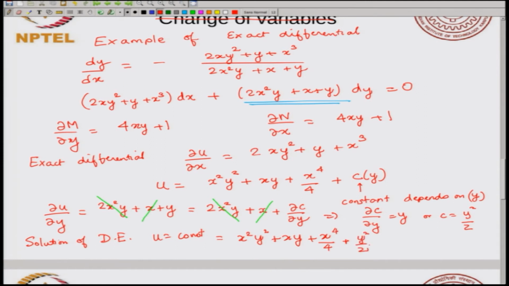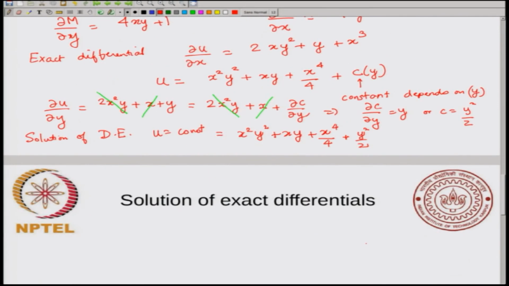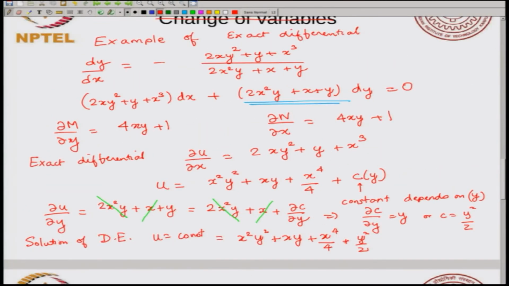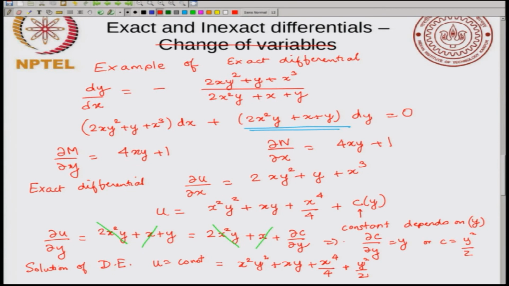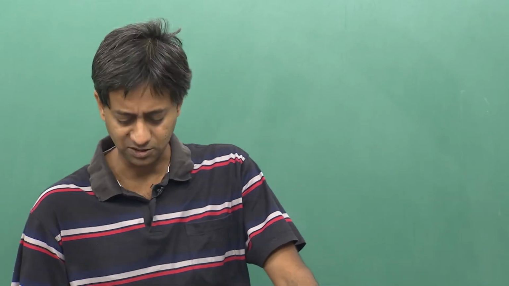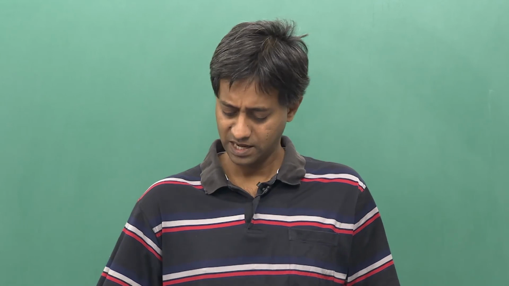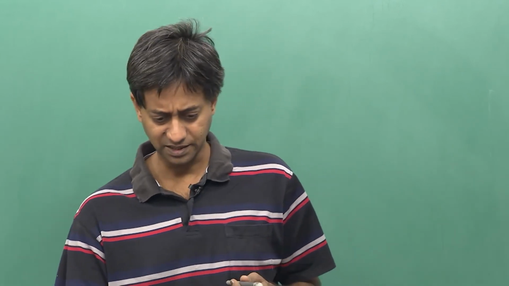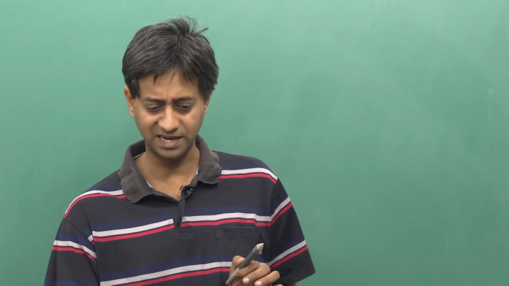Okay. So, this is a constant. So, we solved this differential equation by this method of exact differentials. Okay. So, I think this use of exact differentials to solve differential equations is actually a very powerful method. Okay. And I will just emphasize the steps again.